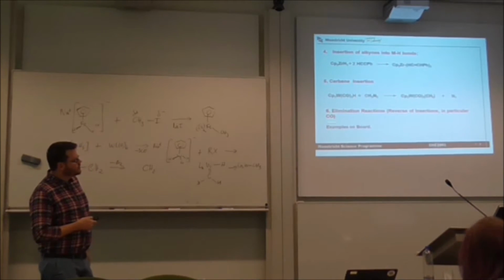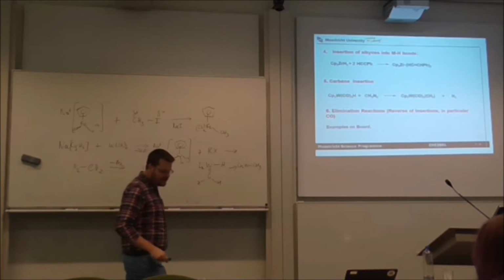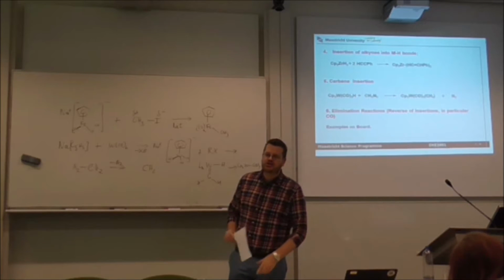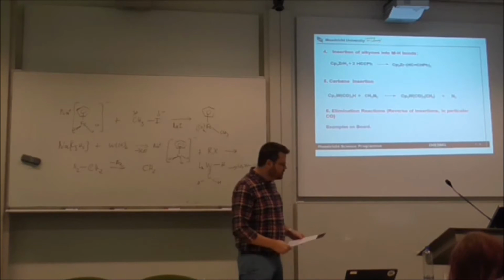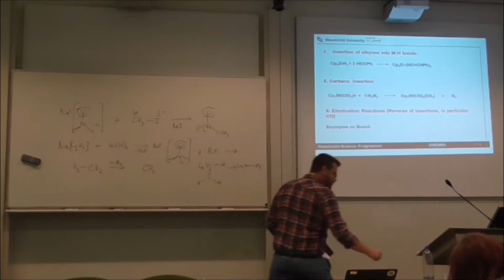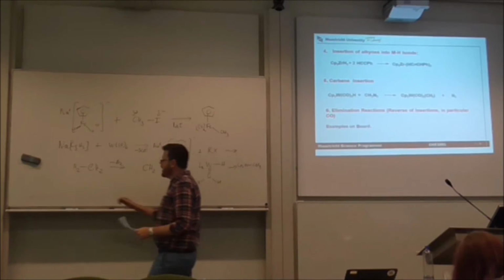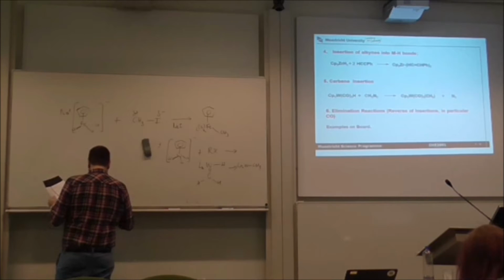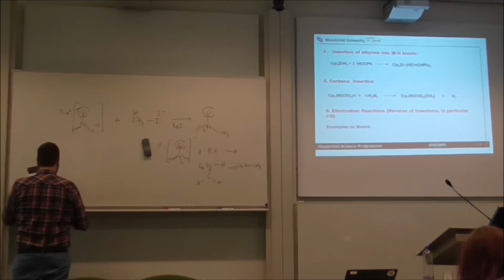Now we have another tool which is essentially the inverse of something that we call migratory insertion. So what we're doing here is we're starting off in this case with something like this.